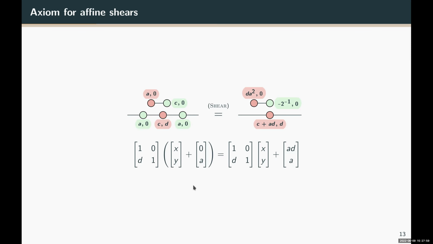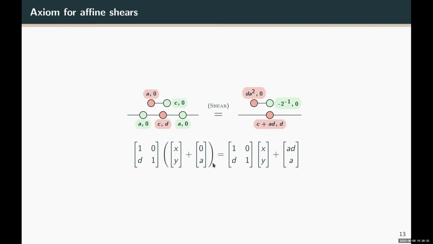In terms of the affine representation of the Clifford group, you can think of it as the following equation. It's saying if I have some Pauli and I do a translation which corresponds to applying a Pauli on this state, and then do the symplectic part of my Clifford, which in this case for the spiders is always just a shear.